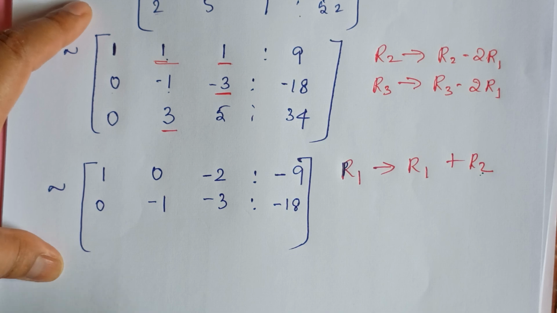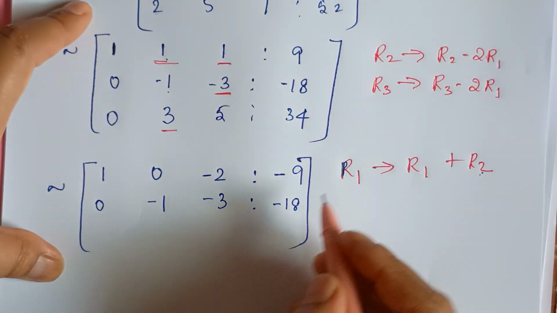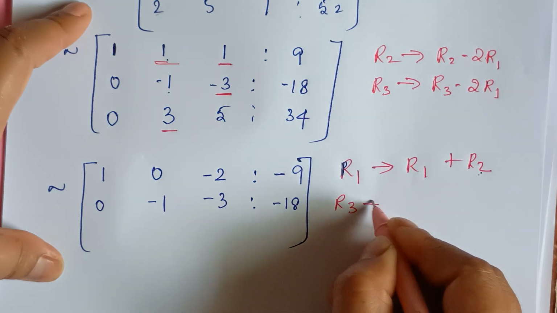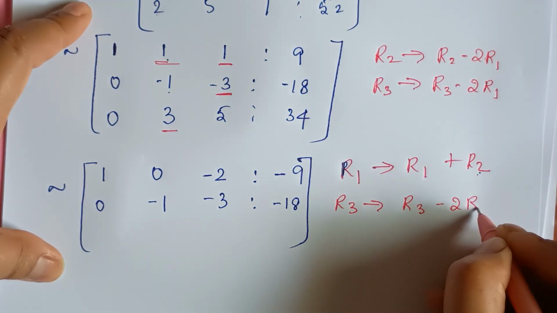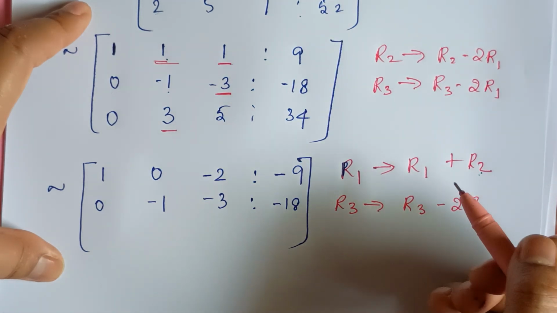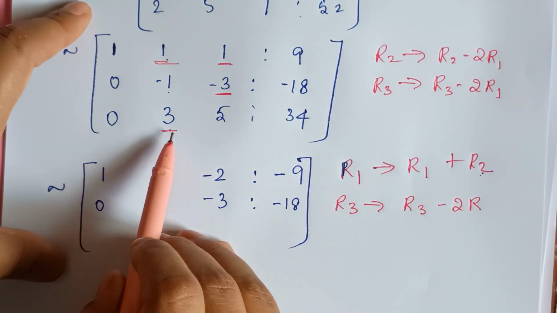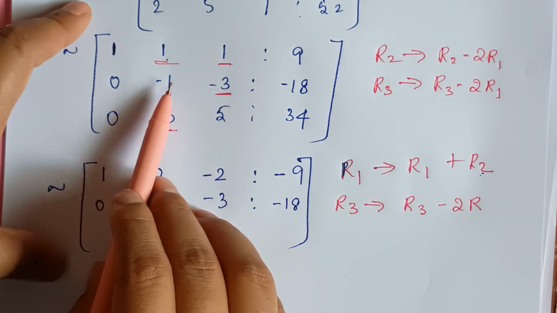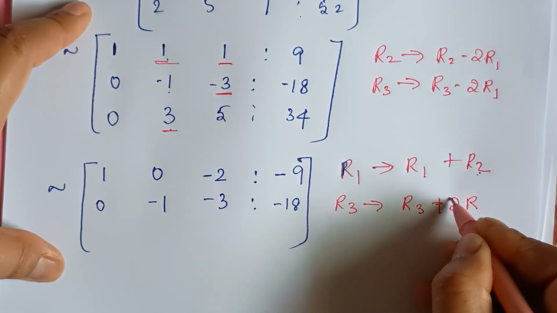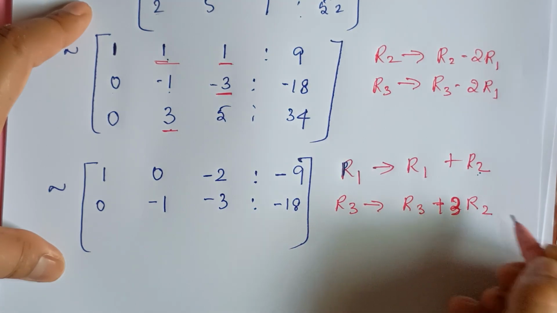Okay. Now I'll perform some row transformation in row 3. So row 3 changes to row 3 minus 2 row. No, this is not going to work. I want to reduce this to 0. So row 3 plus 3 times row 2 I can do, right? 3 times row 2.